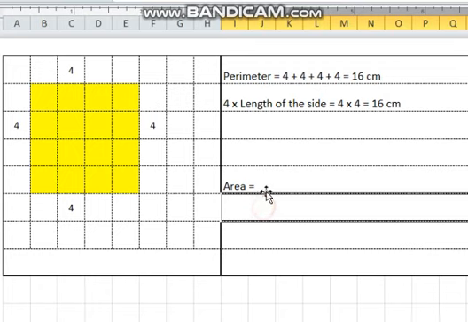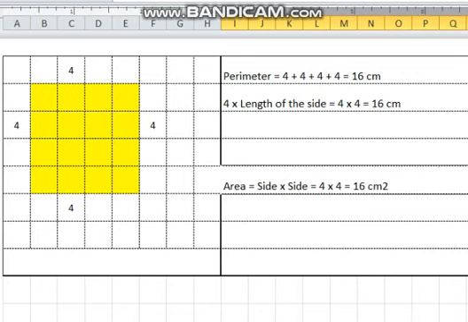Okay, and then the area is almost the same, right? The side times the side. The length of the side is 4 times the 4 again, and this is equal to 16 centimeters square.